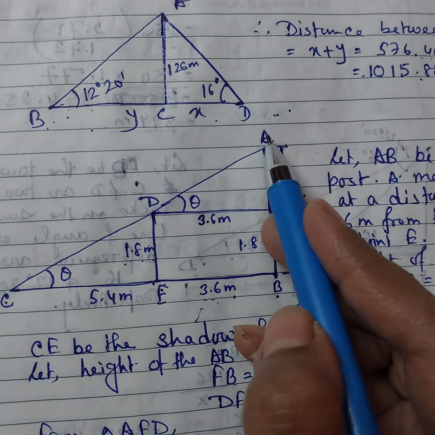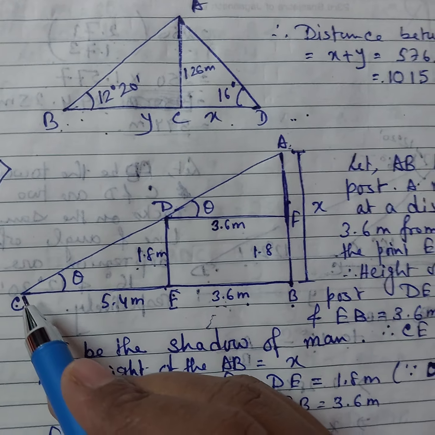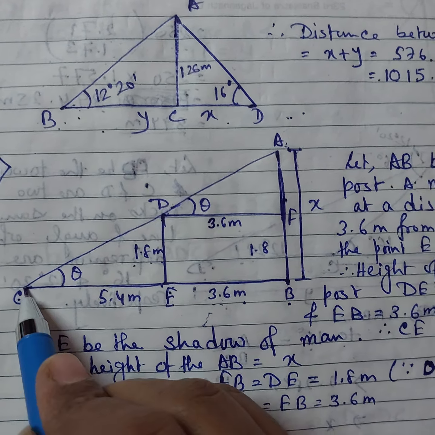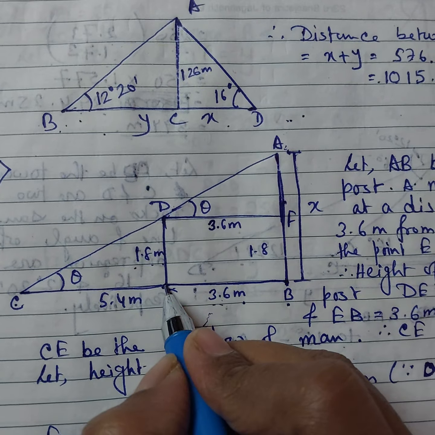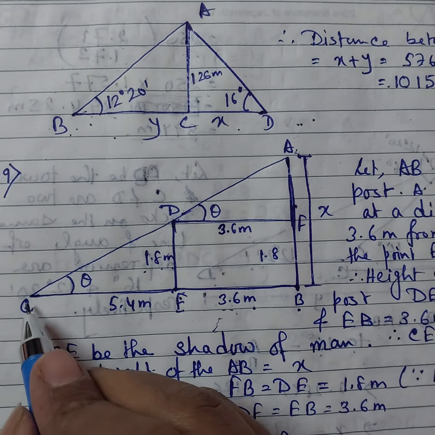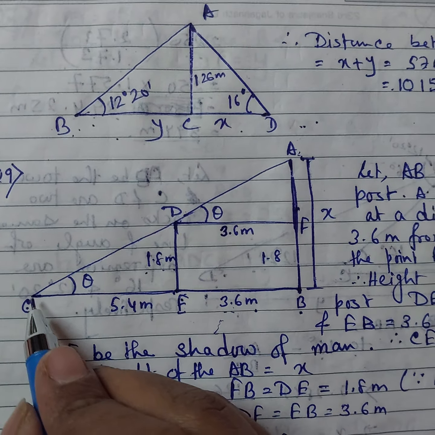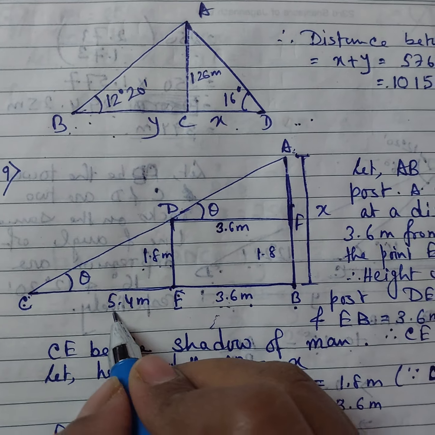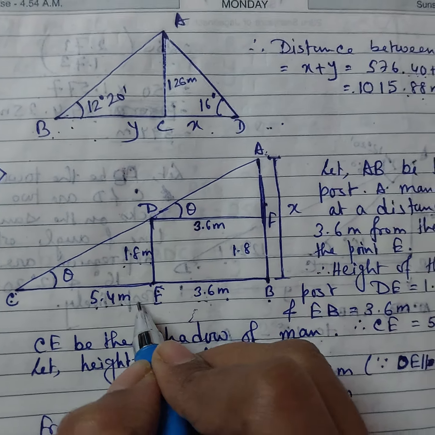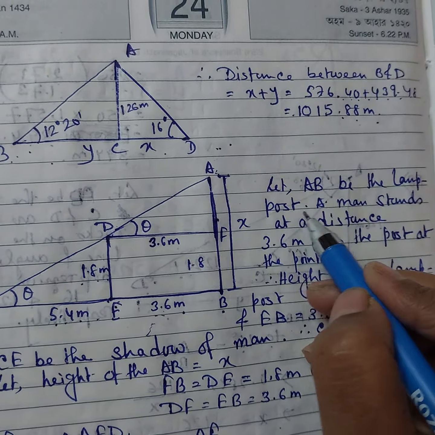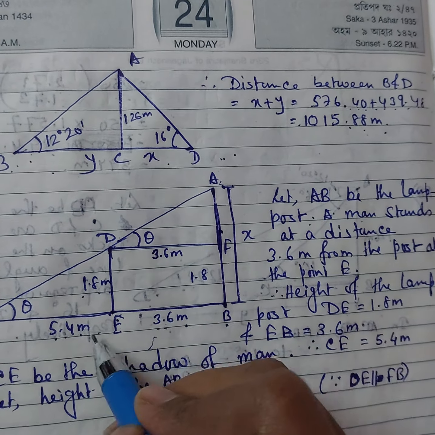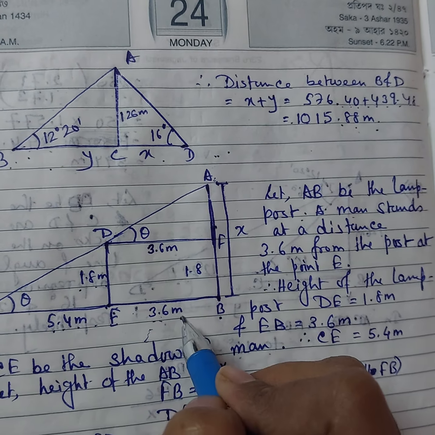They cast a shadow from here and meet on the ground at the point C. So distance from this man to this point which meets on the ground is 5.4 meter.